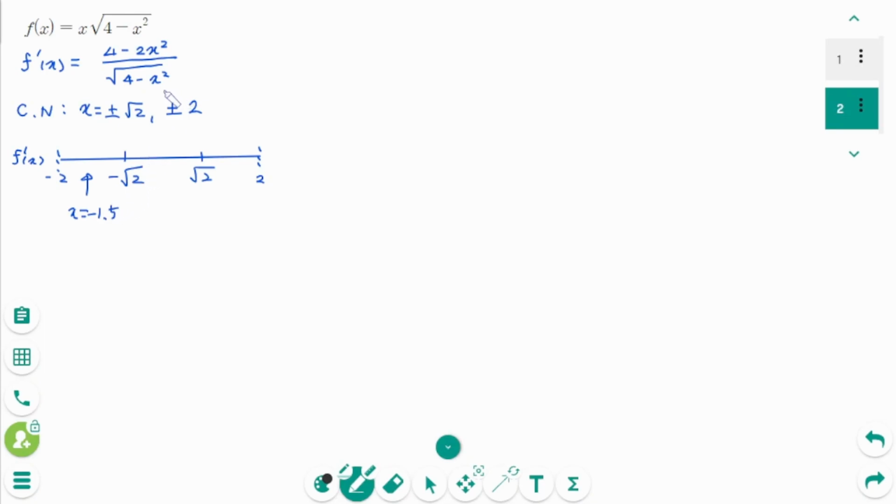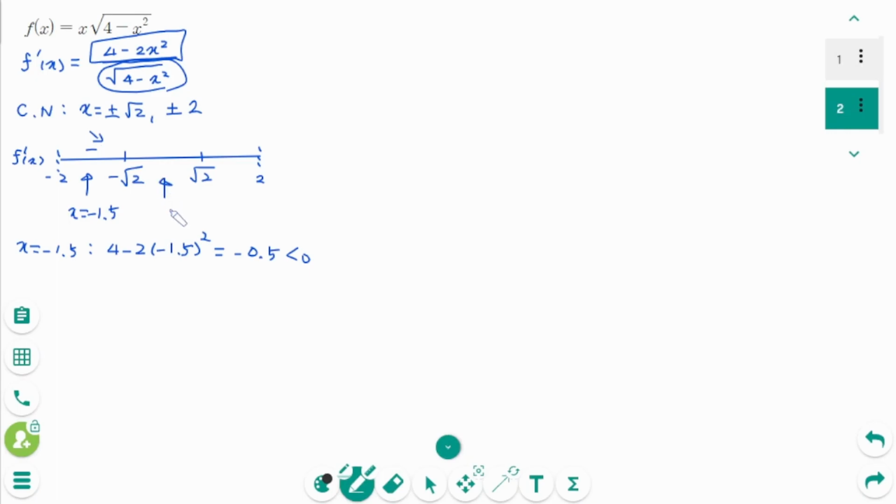The denominator of f prime of x is always positive, so we can use only the numerator part, which is 4 minus 2x squared. Then x equals minus 1.5: 4 minus 2 times minus 1.5 squared equals minus 0.5, which is negative.